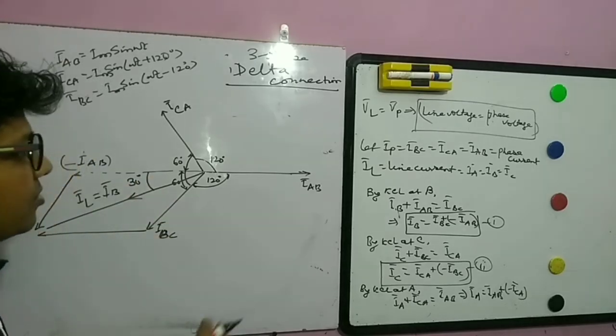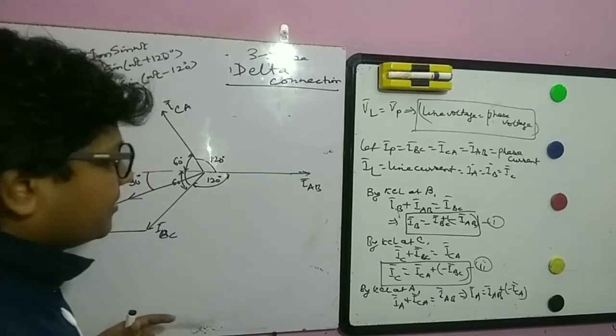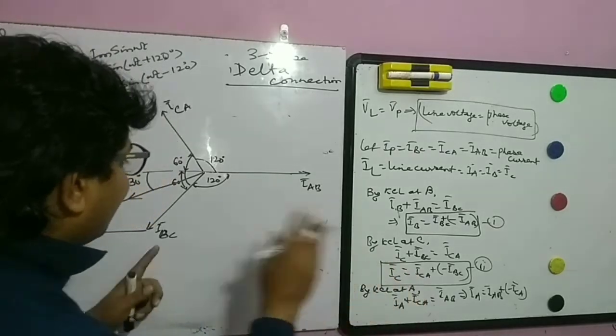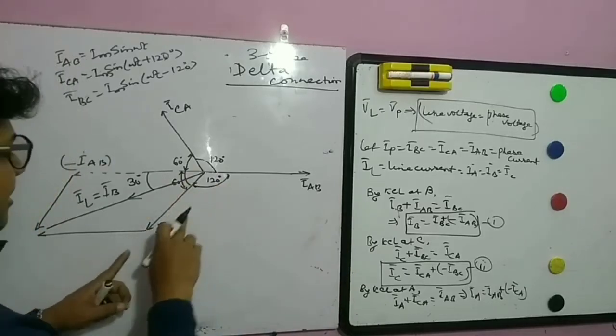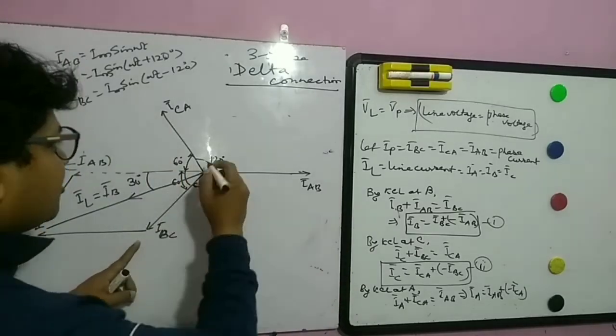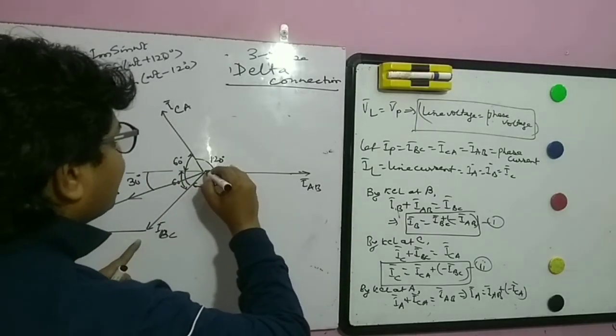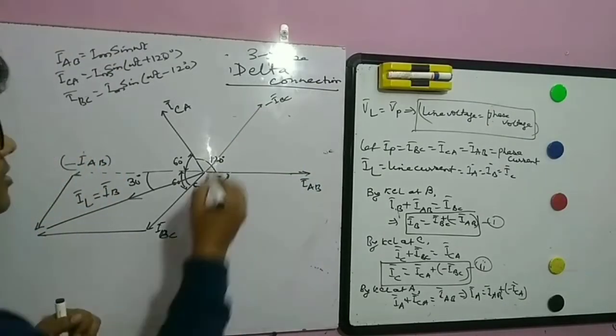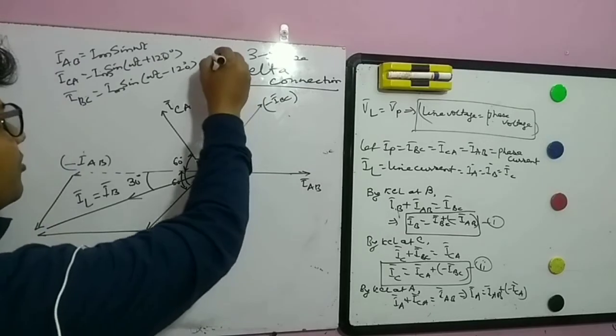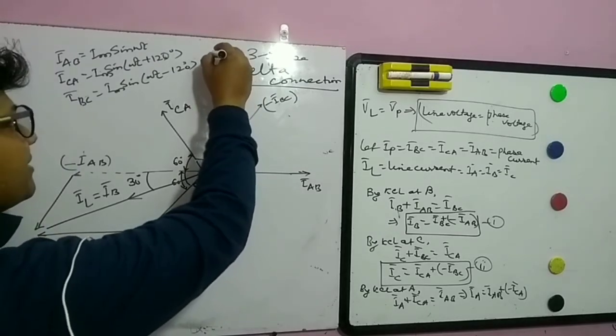All right. Okay. So now IC means phasor sum of ICA and minus of IBC. So ICA is here, minus of IBC. So we are going there. This is minus of IBC, right? So minus of IBC means we are going to draw a parallelogram like this here.